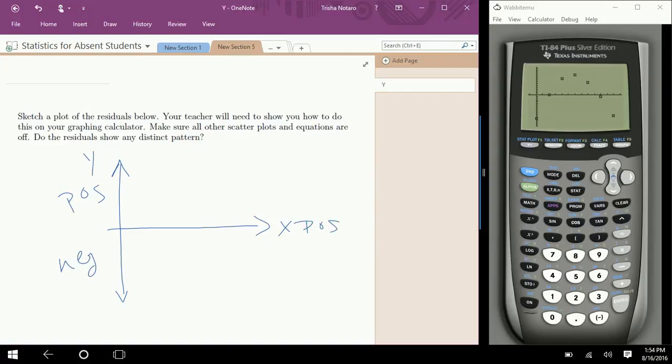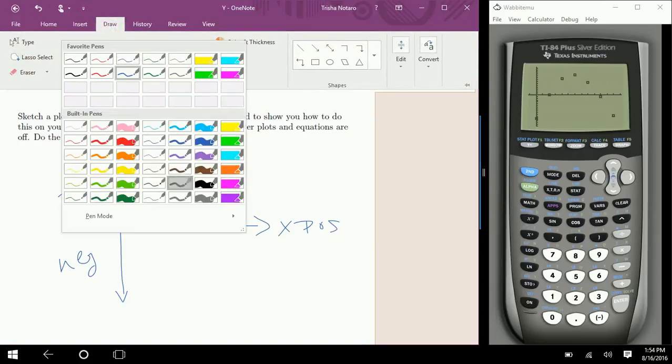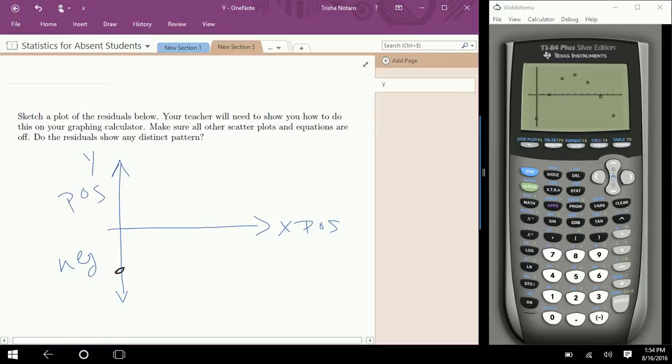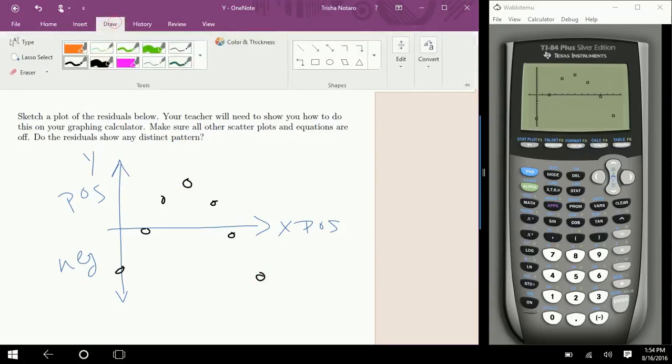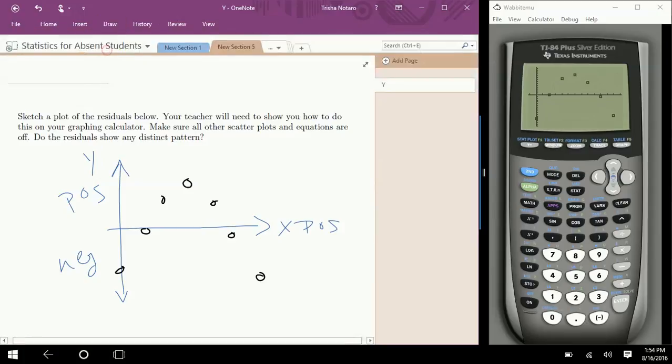Okay, so I'm just going to graph this a little bit. Okay, I've got a point here. One right on the y-axis, one above, one a little higher, lower, right below, and then really low. Okay, so as you see, what you should notice about this is that this just made a parabola, right?